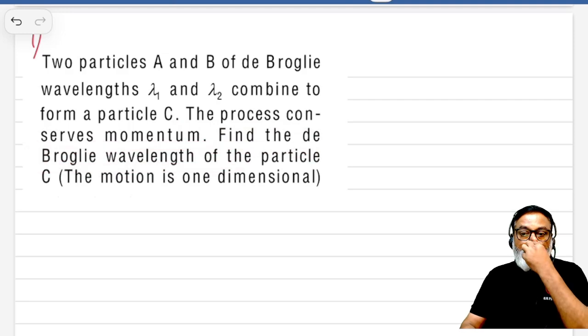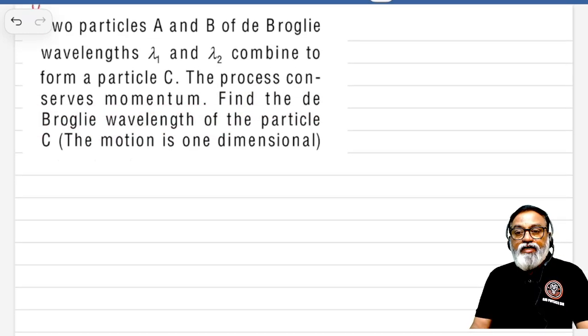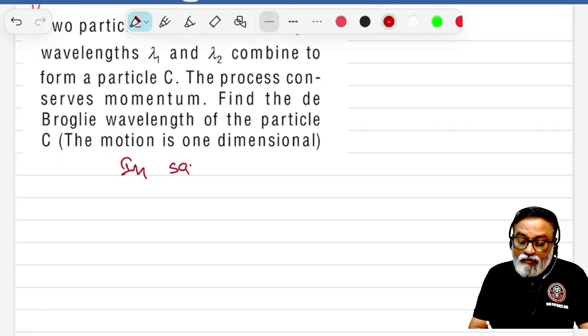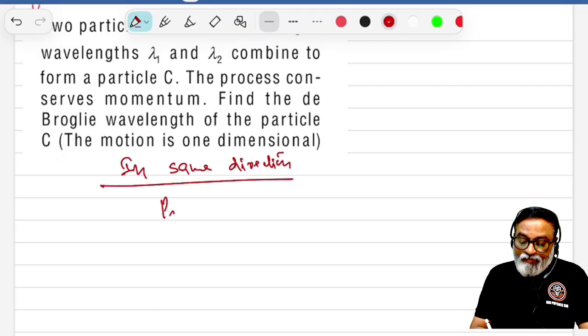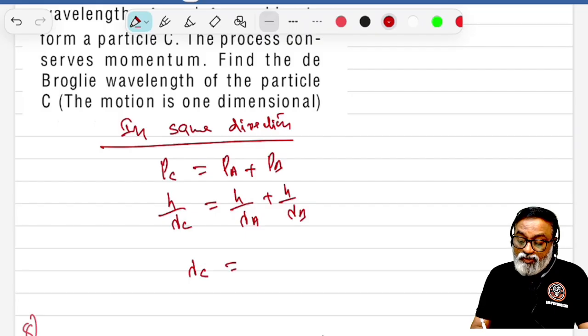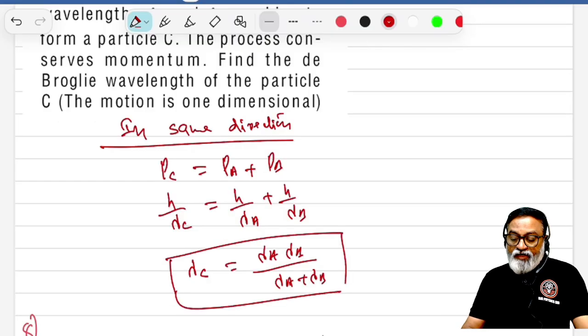Find the de Broglie wavelength of the particle C. See here, when the two particles are moving in the same direction, according to conservation of momentum, momentum of C is equal to momentum of A plus momentum of B. Therefore p is equal to h by lambda C, that is equal to h by lambda A plus h by lambda B. From this, lambda C is equal to lambda A lambda B by (lambda A plus lambda B). This is the wavelength of particle C when they are moving in the same direction.